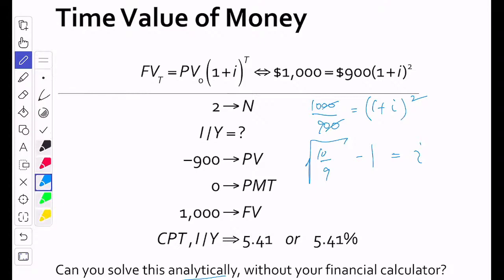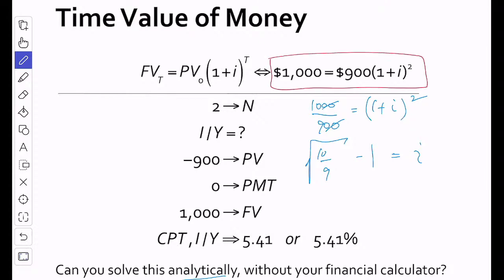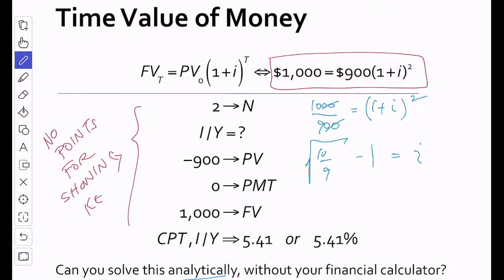For the test, I want to be able to see on your homework, or test, I want to see this formula for points. This will give you no points. However, some students like to write it out for themselves. I think it's fine. That way they can remember what they did when they review for the final test.